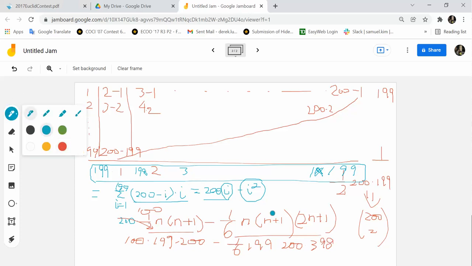Typing wrong. So here this should be 399. Right? 2 times this one plus 1 should be 399 here, right? 399 here, we have this 3 with 2. 399 is 1, 3, 3. Yeah. So the answer will be here.